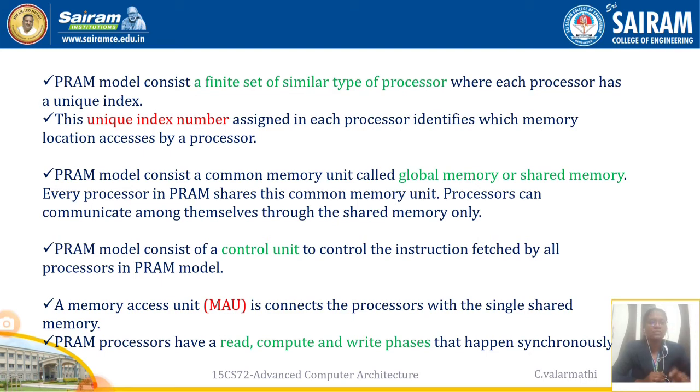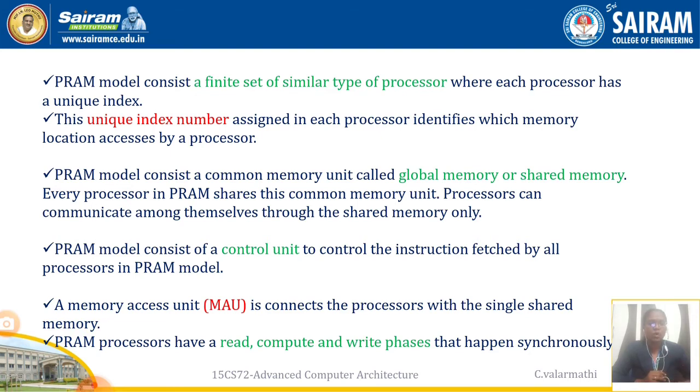The index number assigned to each processor identifies which memory location is accessed by a processor. So we need a reference for which processor is accessing which memory location, so that we can retrieve the data. We need to assign one index for each processor, right?